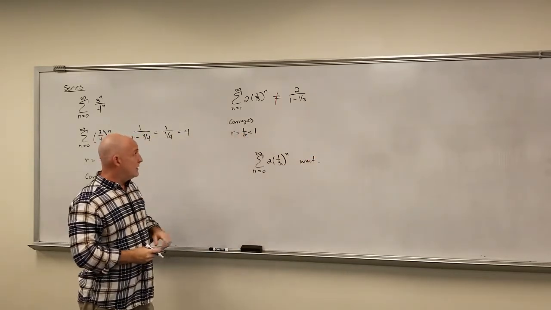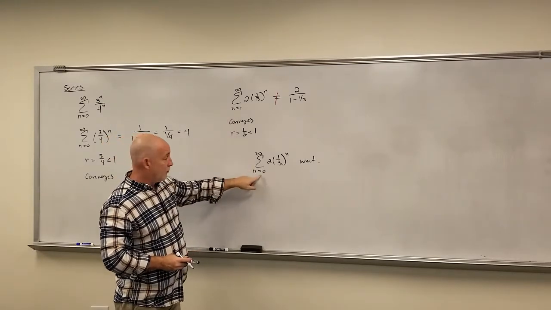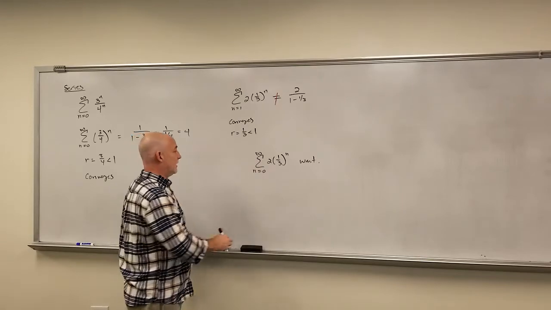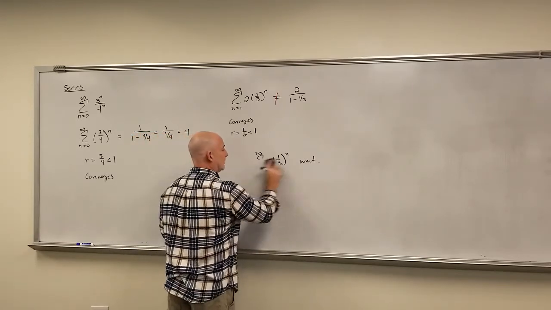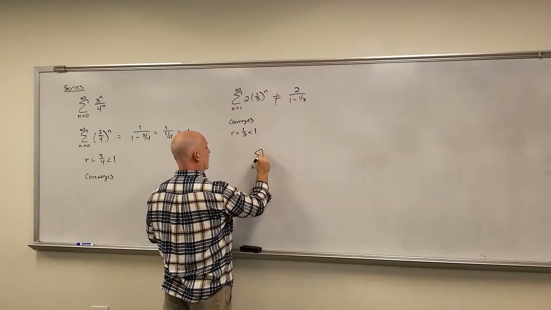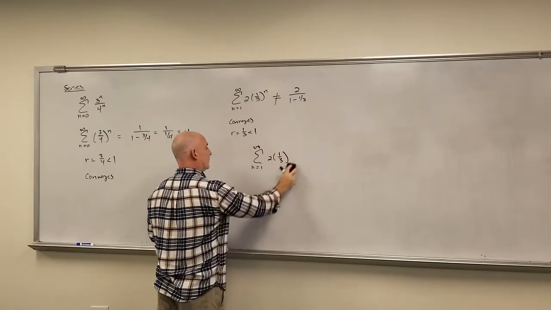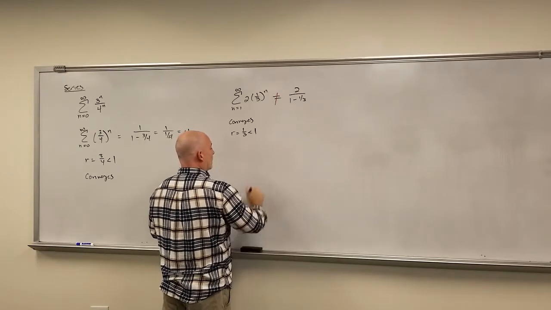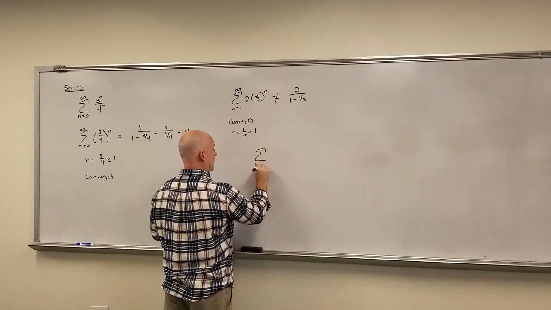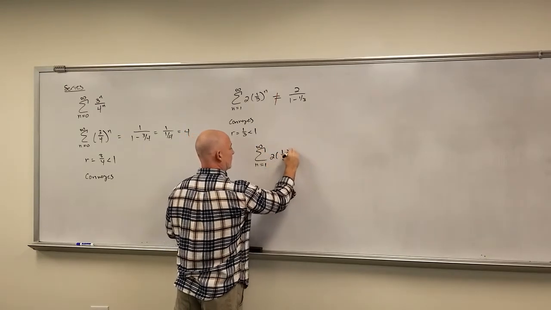So what would the 0th term be if I plugged it in there? So let me get that out of there real quick. Here's what I have: the sum n equals 1 to infinity of 2 times (1/3) to the n.